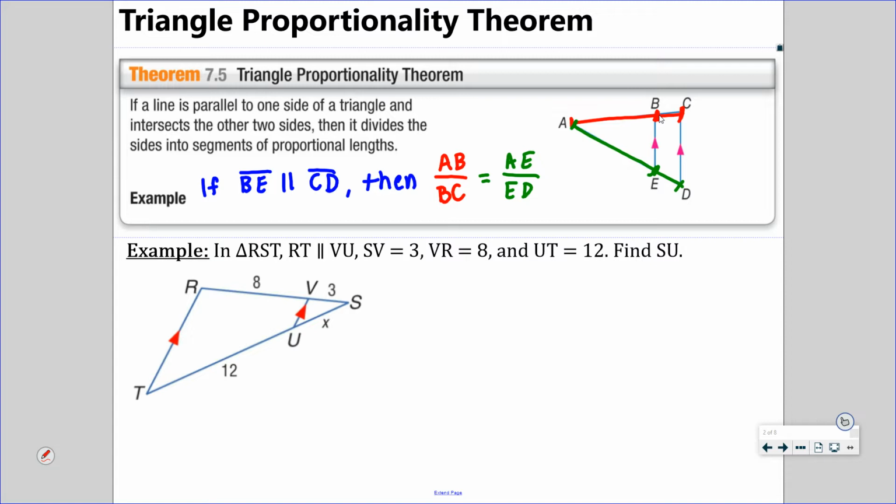Okay, here's an example. I did have a nice visual, I'll see if I can find it after this. In this triangle, they're telling us that RT is parallel to VU, which is shown using these arrows.